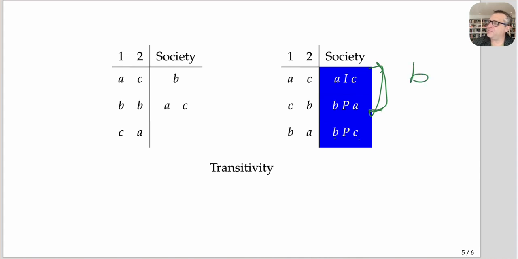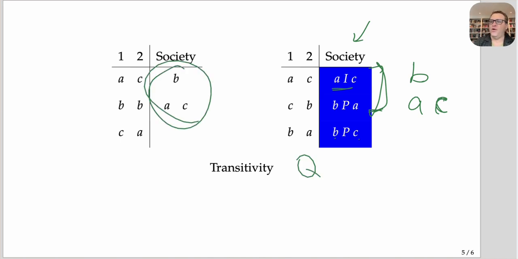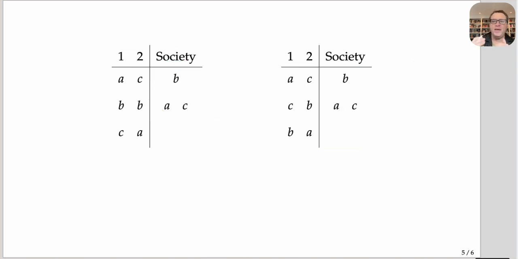B is ranked above A, but we know that society thinks A and C are tied, or is indifferent between A and C. So by transitivity, you have to have that B is ranked above C. Basically, I just argued that IIA and the assumption that your social welfare function always outputs a transitive relation mean that society's ranking in this profile Q has to match what its ranking is in profile P. That is, society has to rank B above A, B above C, and treat A and C as tied. Now, I claim that this is a problem.